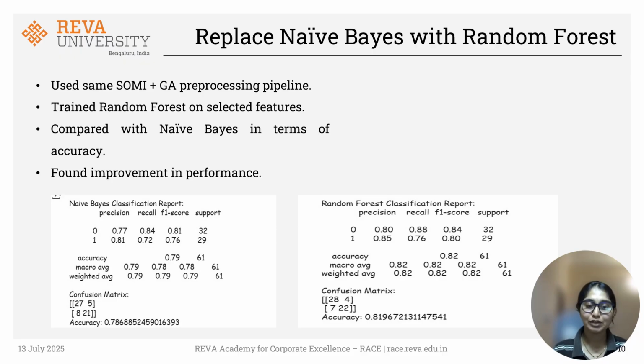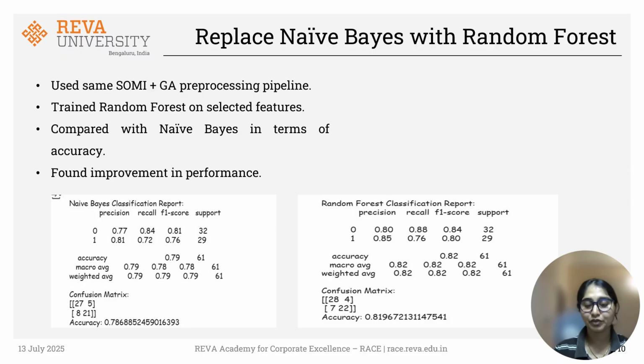We were able to get 82% accuracy, whereas with naive Bayes it was 79%. I think 82% is a good accuracy after replacing naive Bayes with a random forest.